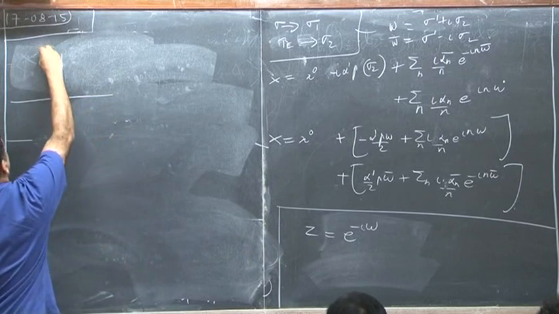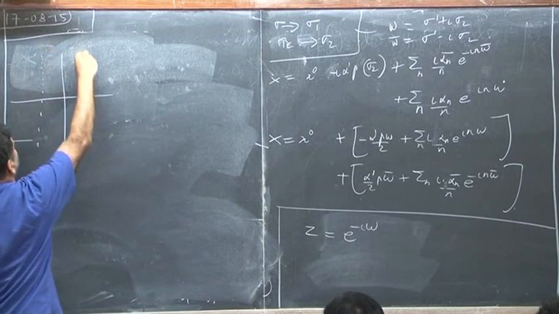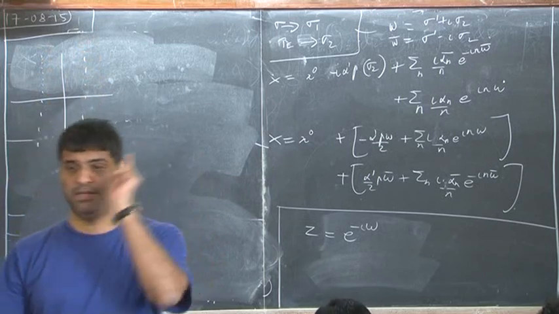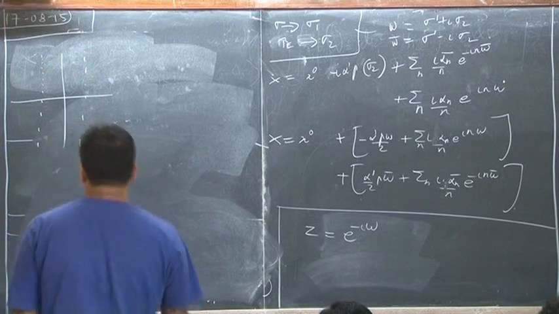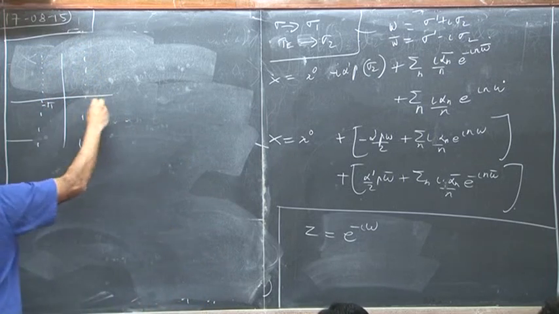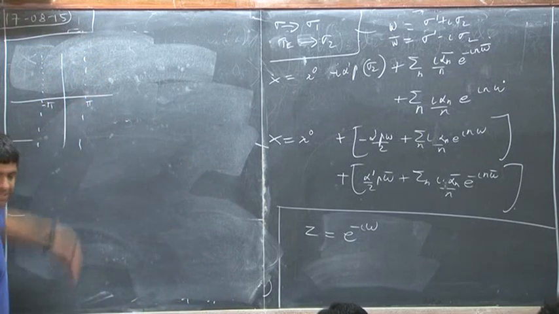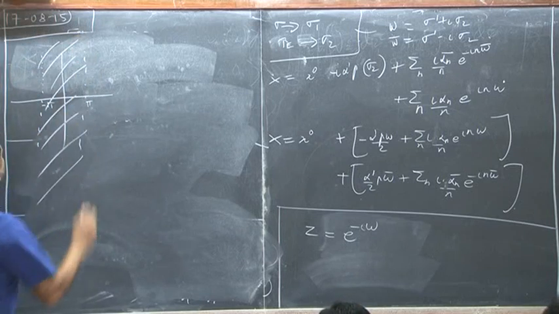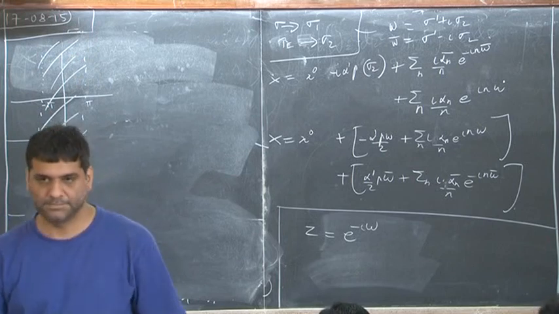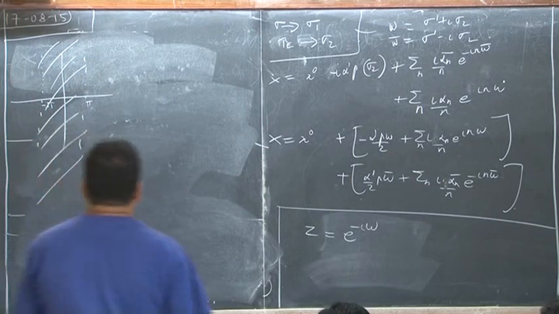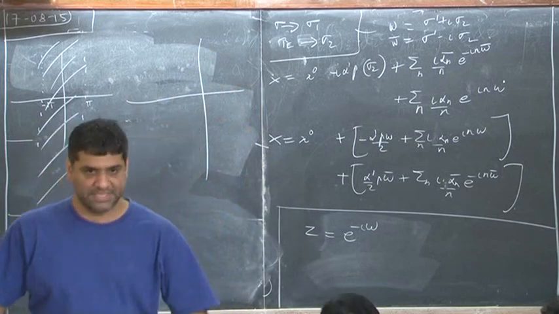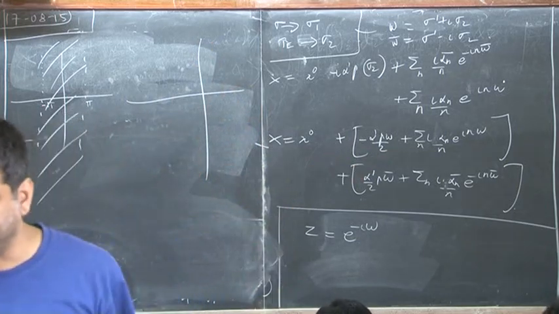In the W plane, the real part of W is periodic with period 2 pi, so I'm going to draw just from minus pi to pi. The imaginary part goes all the way. So this is effectively the relevant part of W. Now I draw the Z plane. Z, as you can see in a moment, just goes over the whole plane.